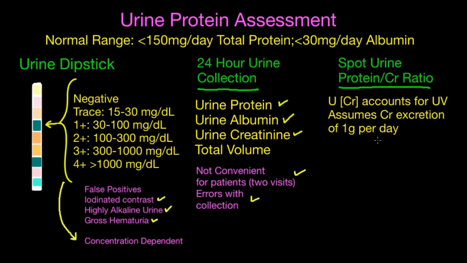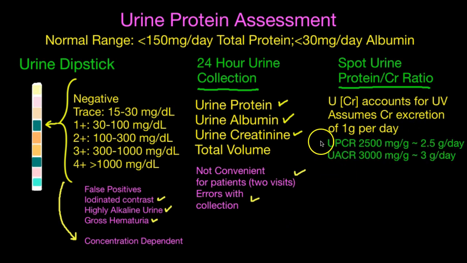But here's how we would interpret the spot urine protein creatinine ratio. If we ordered a urine protein creatinine ratio, the UPCR, and it gave us a result of 2,500 milligrams per gram of creatinine, that's about equal to a daily protein excretion of 2.5 grams per day. So that's high.